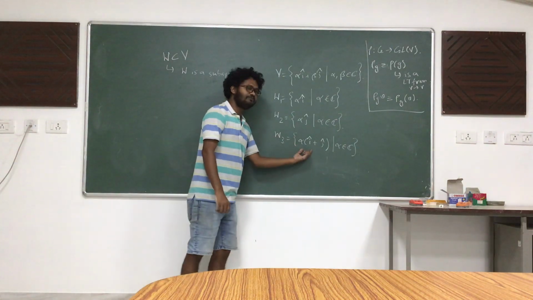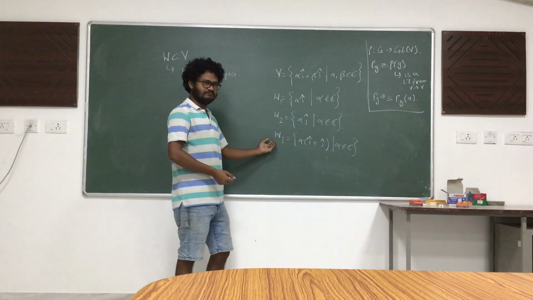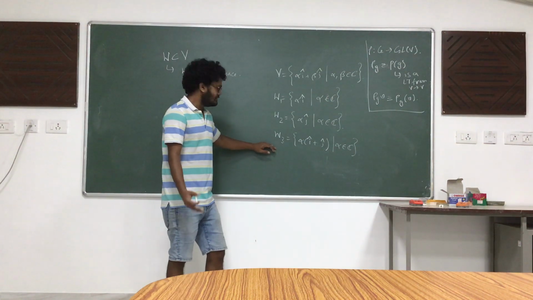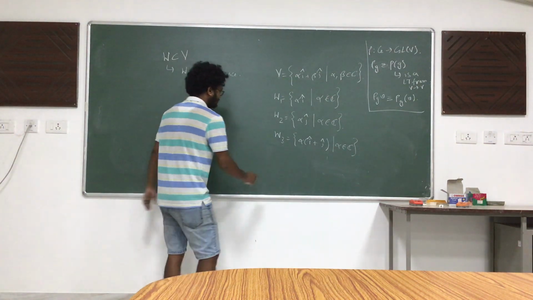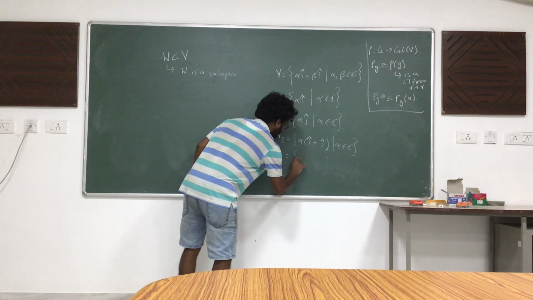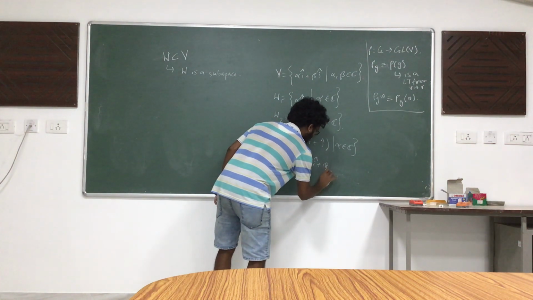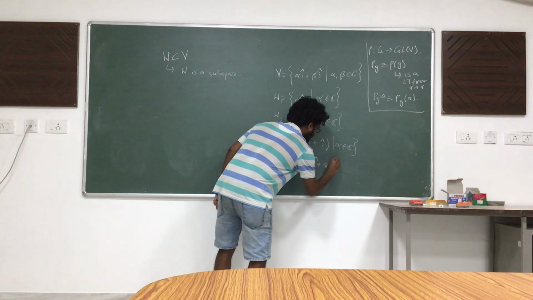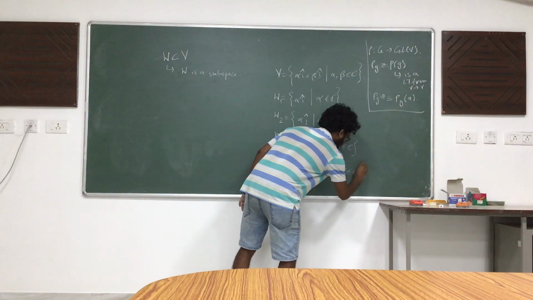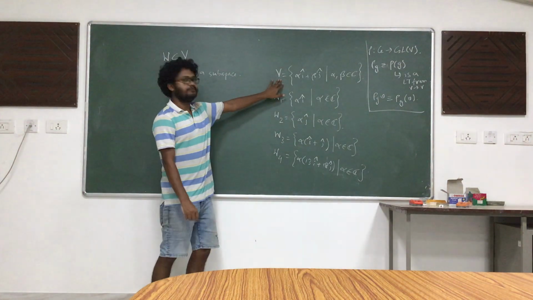If you take two vectors from here and add them up, you'll get another vector from the same subset, and by itself it forms a vector space, and hence this is a subspace. Similarly, 13 i cap plus 18 j cap could be another example of a subspace of the two-dimensional space V.